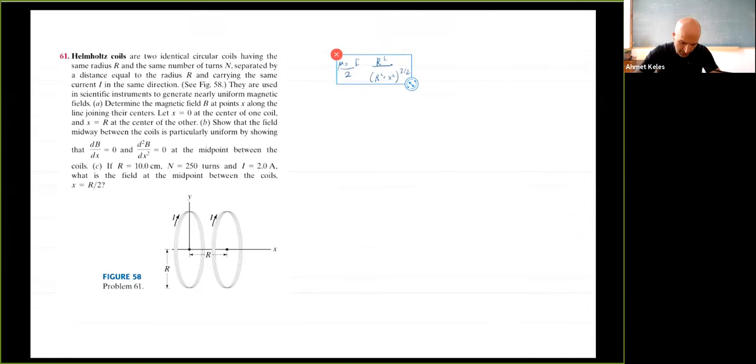So this is the contribution from here. I use the right-hand rule, wrap my fingers around the circle, and the magnetic field from this one is going to be like this. The magnetic field from the other is going to be in the same direction, I think. If I have a loop like this, the magnetic field is always like this for both of them.